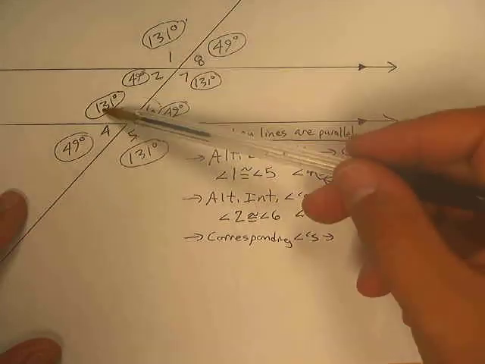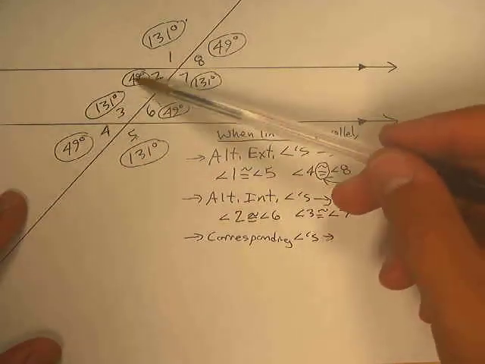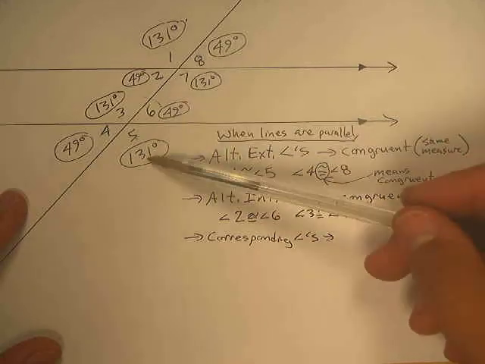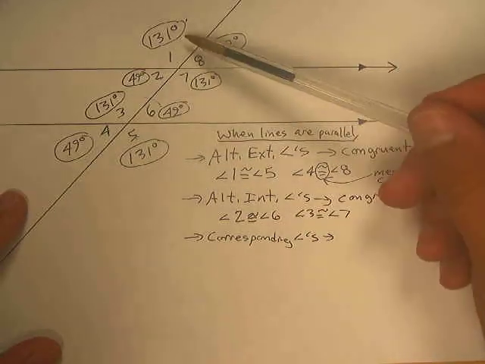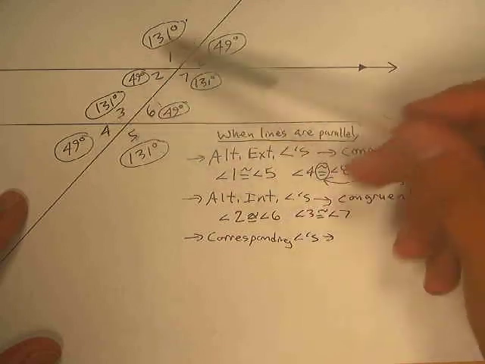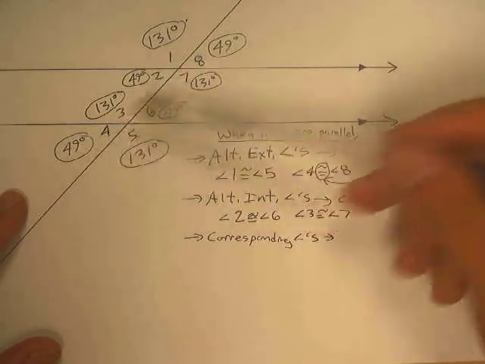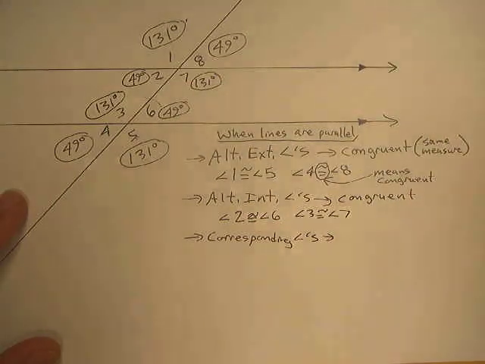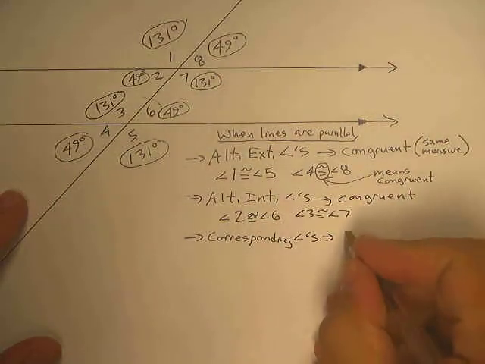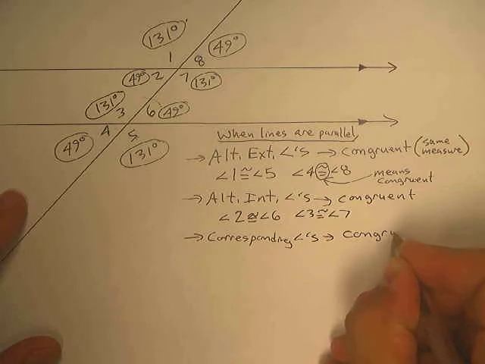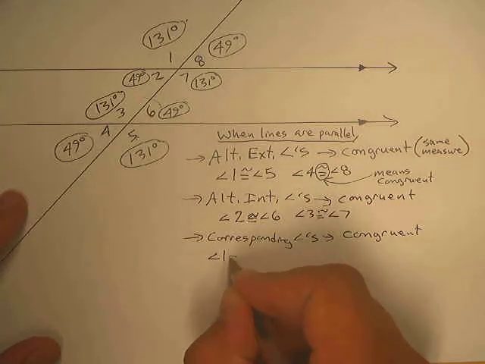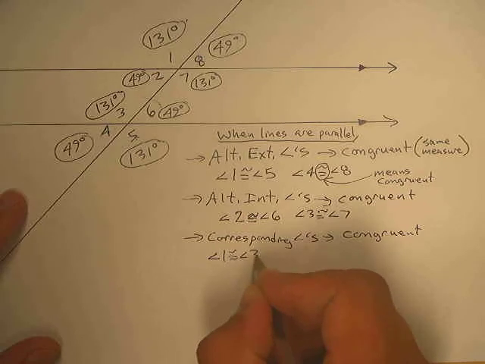All right, let's try corresponding. Remember, those angles are in the same position. So top left, bottom right, or bottom left, top right, and bottom right. Okay, so we're looking here. 1 and 3, they're both the same. 2 and 4 are the same. 6 and 8 are the same, and 5 and 7 are the same.